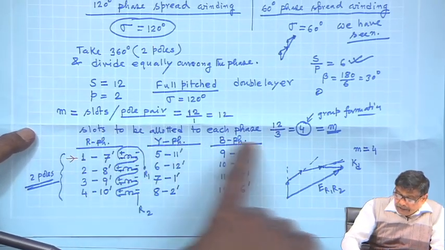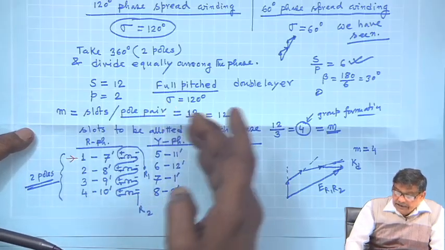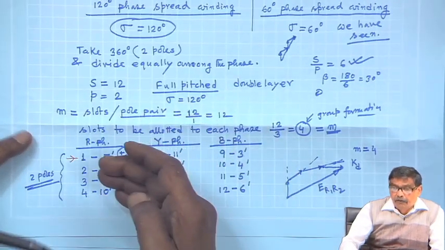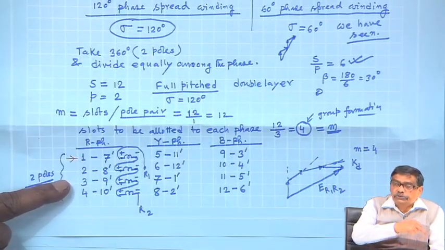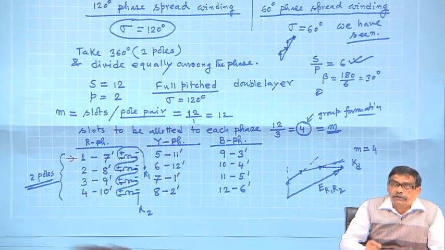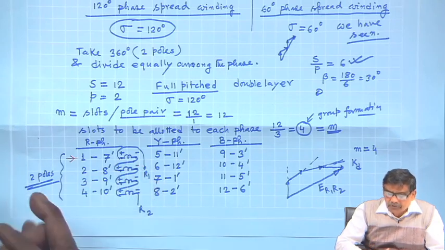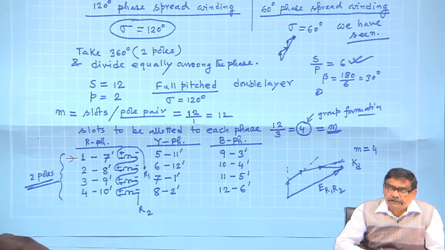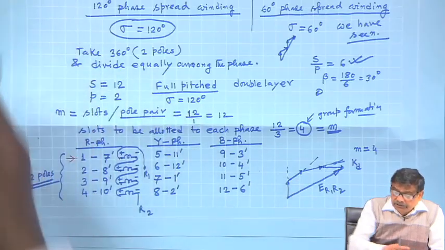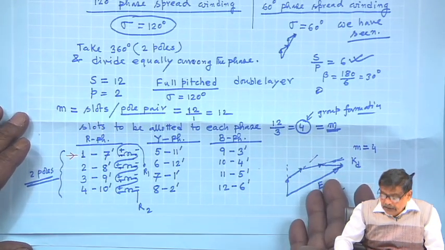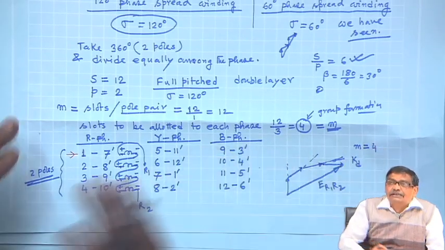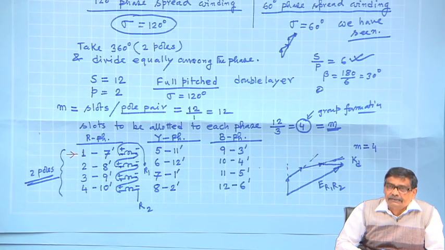The issue is that in immediate succession of a coil, there will be 4 coils instead of 2, which we used in 60 degree. Of course, 2 is not a unique number; depending upon number of slots and number of poles, that number itself may vary, but with respect to the examples we are considering, this is how it should be looked at, and your distribution factor in this case will be less. That is why 120 degree phase spread is not that popular.